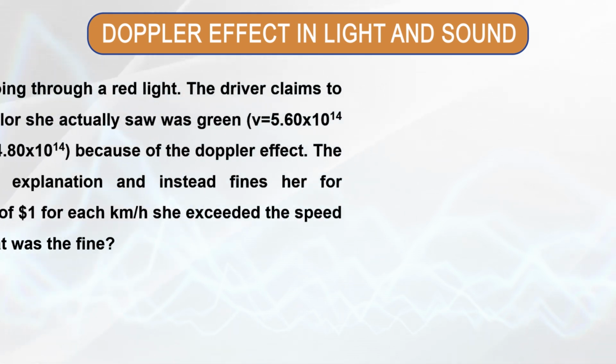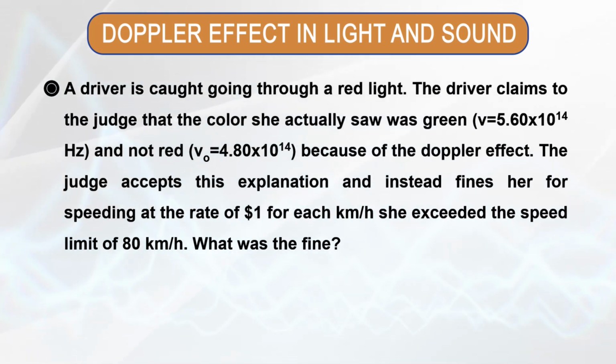Here, a driver is caught going through a red light, and the driver claims to the judge that the color she actually saw was not red, because of the Doppler effect. The judge accepts this explanation, because both are physics people, and yes, this may happen.